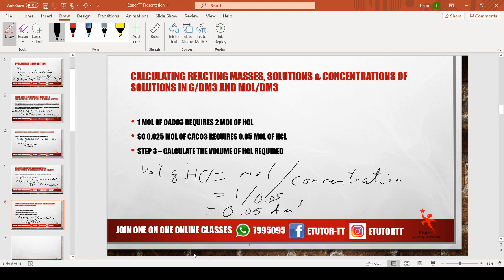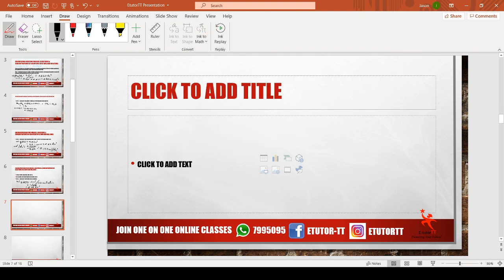What that is telling us is it takes 0.05 dm cube of hydrochloric acid to cancel out 1 mole of calcium carbonate. Pretty simple and straightforward. So let's do some other equations, shall we? Just in 1 second, let me get some more equations.